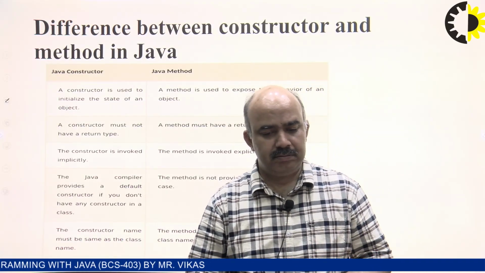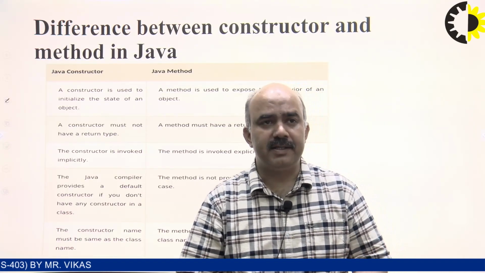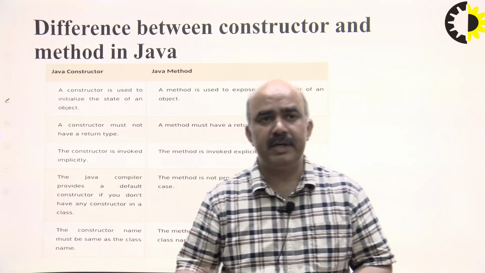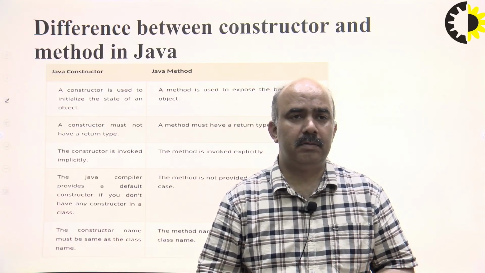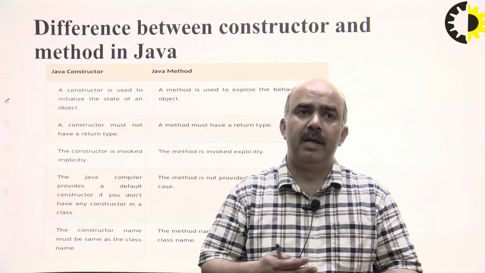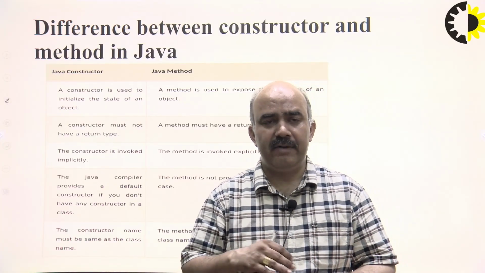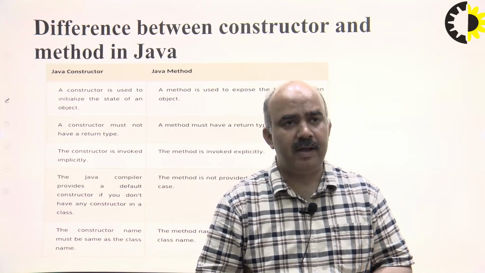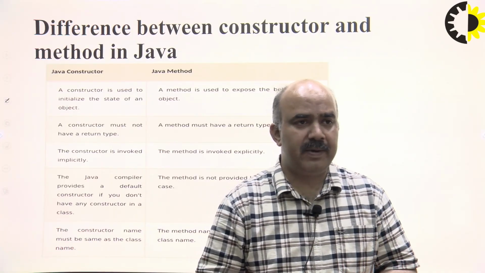Okay, so this is all about constructors. Today we have discussed what a constructor is, the types of constructors, and how we create constructors. We discussed the constructor with no arguments, the default constructor, as well as the constructor with parameters.